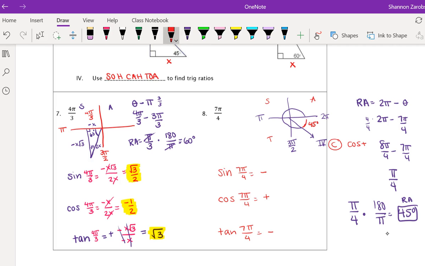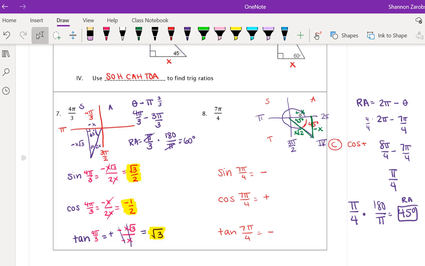That's a 45-degree angle. Okay, 45 degrees means I'm going to use my 45, 45, 90. So here's a 45, which means this is x, this is x, and this is x root 2. Now I went positive x and negative x since I'm in quadrant 4.